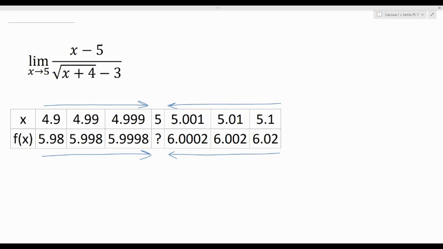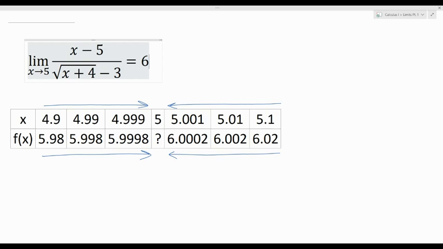Now, it's certainly possible that this function would be heading towards 6.000000000013 or 5.999999997, but it's pretty unlikely, and we'll be able to have a more sophisticated method as we learn more about limits to figure this out. But our best guess from this numerical approach is to estimate that the limit as x approaches 5 of this function, x minus 5 all over the quantity square root of x plus 4 minus 3, is in fact 6.